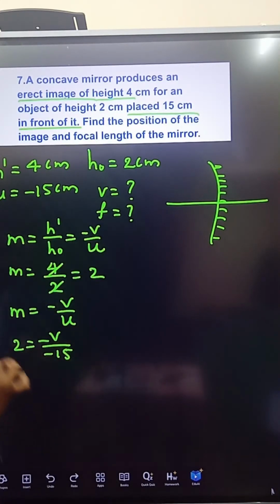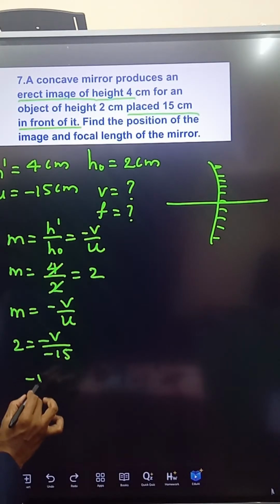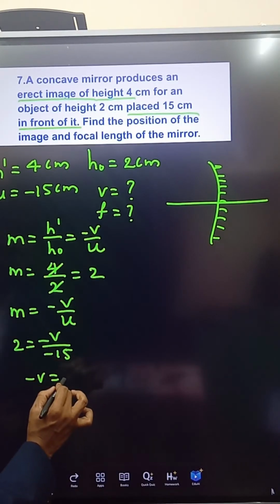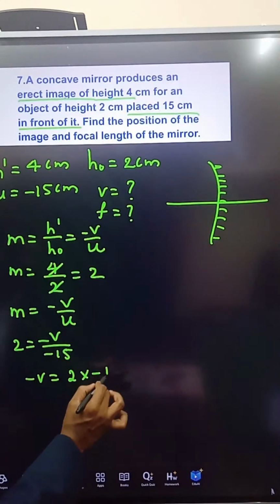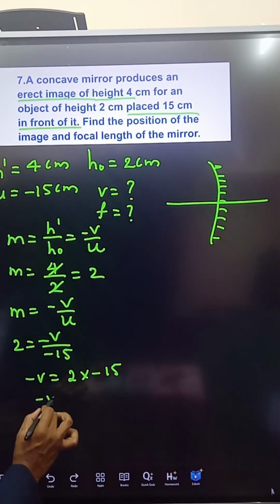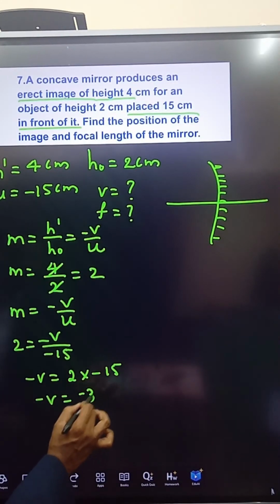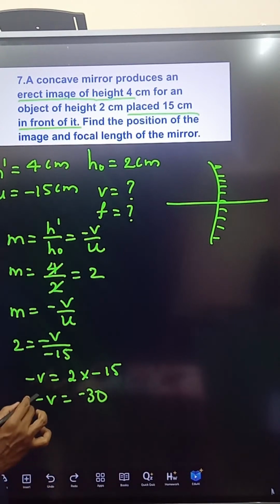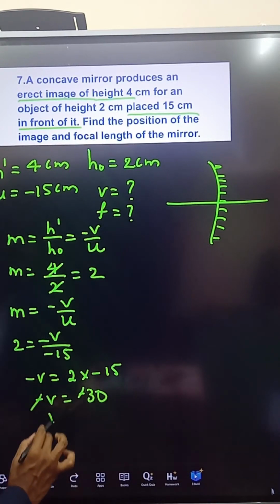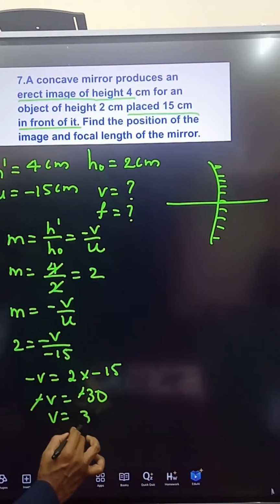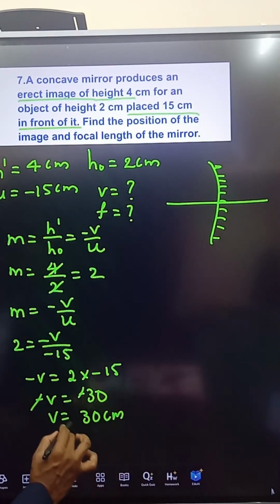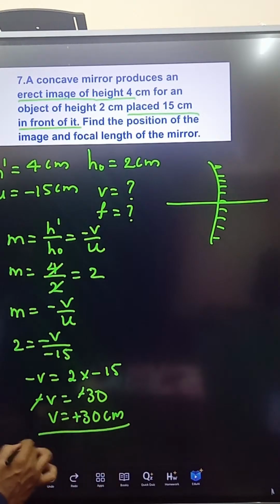Now you bring it to the other side. What do we get here? Minus v is equal to 2 into minus 15, or not? So minus v is equal to minus 30, right? Both will get cancelled. So v is equal to what? 30 centimeter you are getting. That is, we are getting a positive value here.